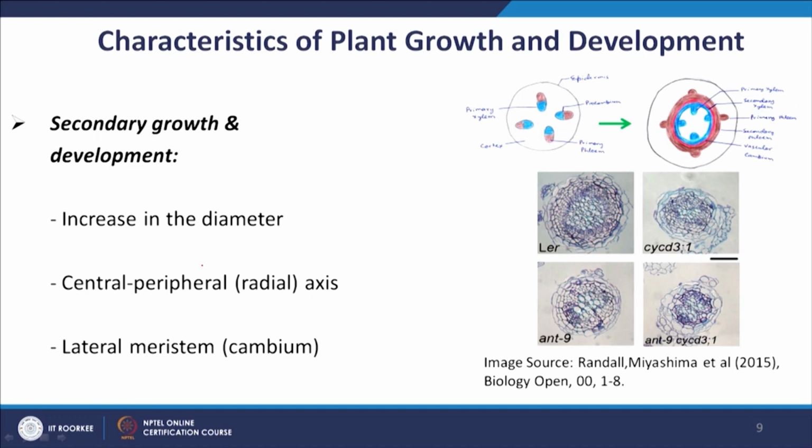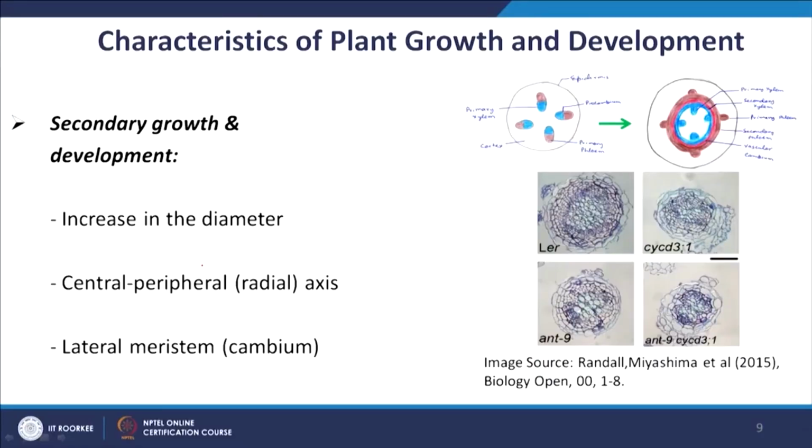Normally there is a pattern. If you recall the previous part of this lecture, what we have seen during the process of embryogenesis is that apart from the root apical meristem and shoot apical meristem, there is another meristem which is specified, called procambium, which is basically a lateral meristem, or you can say a radial meristem.